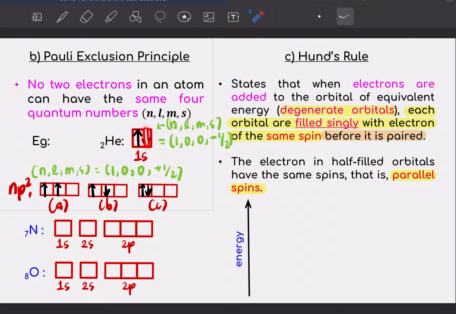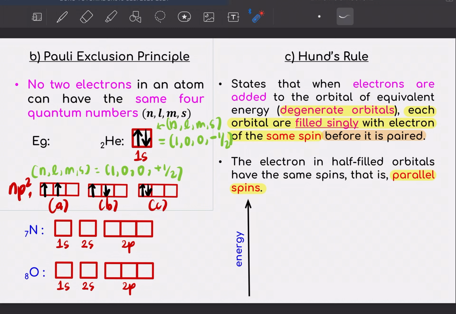Let's say if I did it like this, that means that this one here, my spin will be plus half as well. So this will be wrong. I am not following the Pauli exclusion principle. So it has to be spin up, spin down within one subshell, within one box, within one orbital, one s orbital.